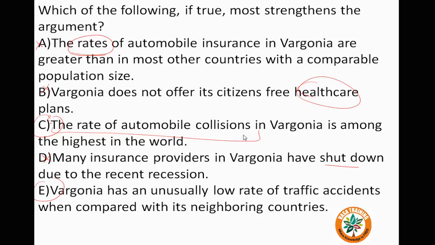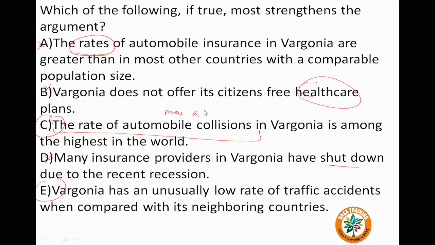Not the fact, as given in the argument, that they have to pay for any damage that is caused to the car. So logically, an increase in the number of accidents should lead to an increase in the amount of money that is spent by the companies.